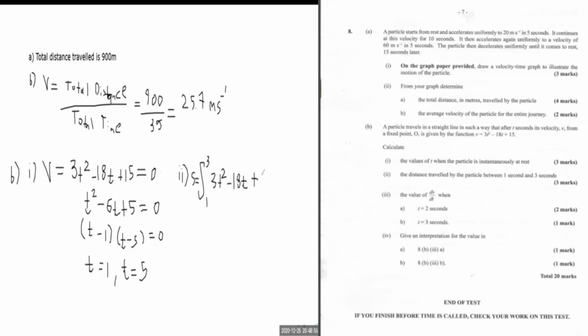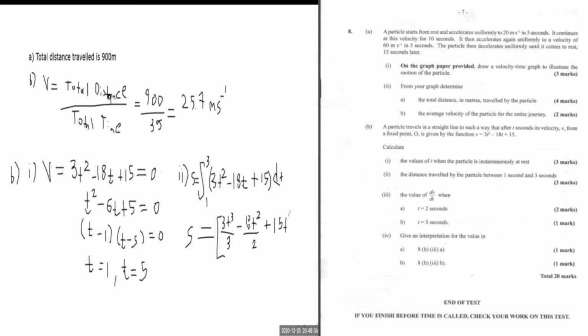So when we integrate this, remember we're integrating with respect to t. What are we going to get? Adding 1 to the power, we get t cubed, because it's really 3t squared, but when you divide by 3, the 3 cancels, minus 18t squared over 2, plus 15t.